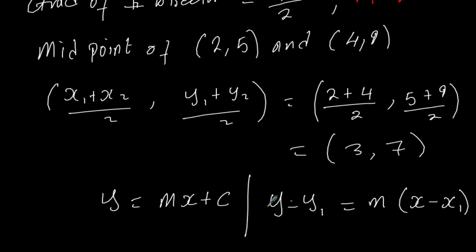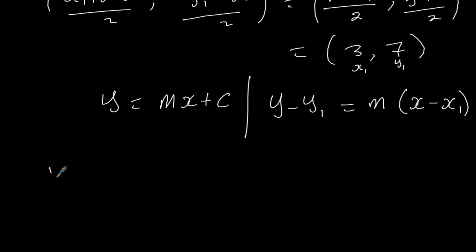So it's up to you to use either this or that. If you want to use the first one, you have to first find the y-intercept. Then after finding the y-intercept, you write the equation of the line. If you use this, we have everything. This one is our x1, y1, and we have the gradient, which is -1/2. So let's use this second one.